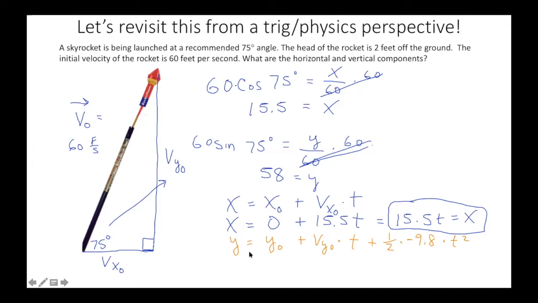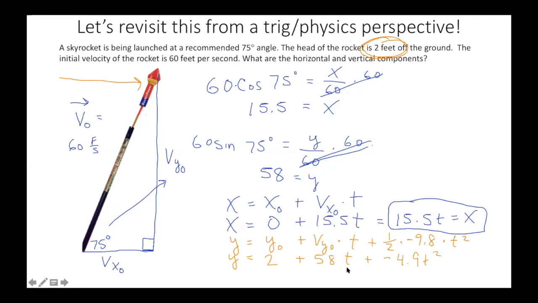All right. So now if we plug in for this, we have y equals, the y naught here is not 0. Remember, the rocket started 2 feet off the ground, right? Because the head is off the ground. So that was 2 plus the initial velocity in the y or vertical realm was 58. So we've got 58 times t plus 1/2 times negative 9.8. Half of negative 9.8 is negative 4.9 t squared.